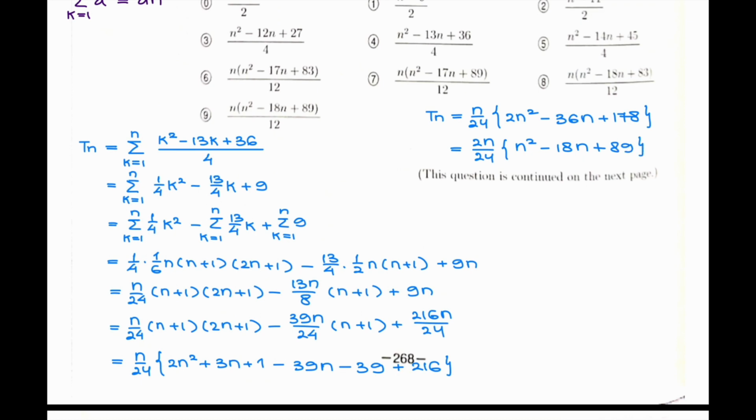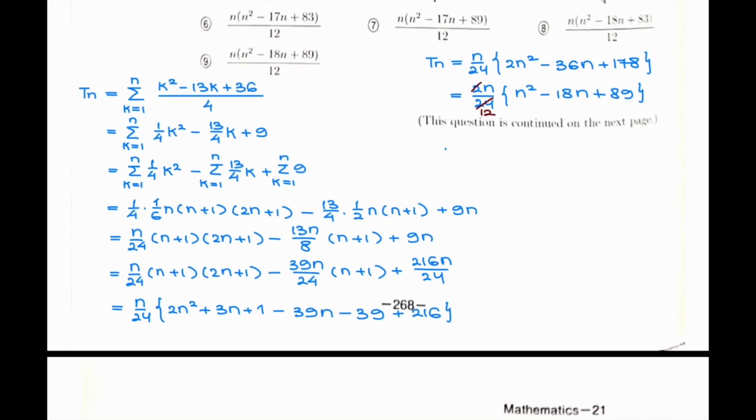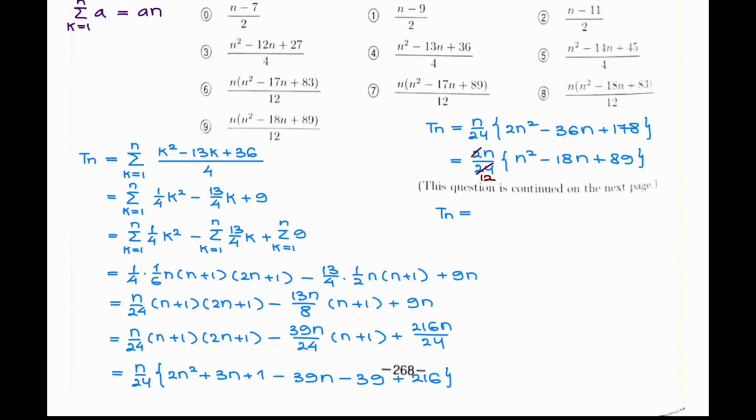Of course, you can cancel out 2 and 24 here, it becomes 12. Then your final answer for Tn is equal to n over 12 times n squared minus 18n plus 89.